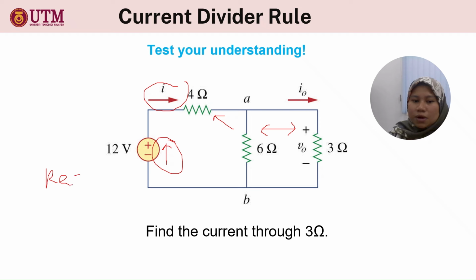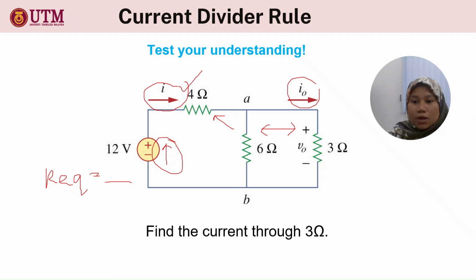How much is the Req? Press your calculator now. Then you get this value, how much? And then the 12 volt divided by this value and you can get the current here. Now you already have the current here, so can you find this current?